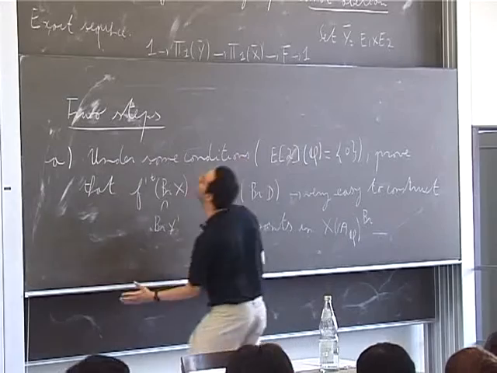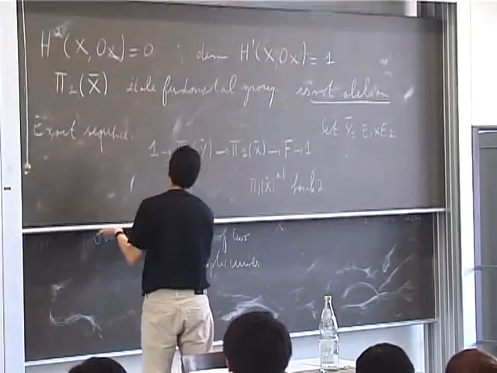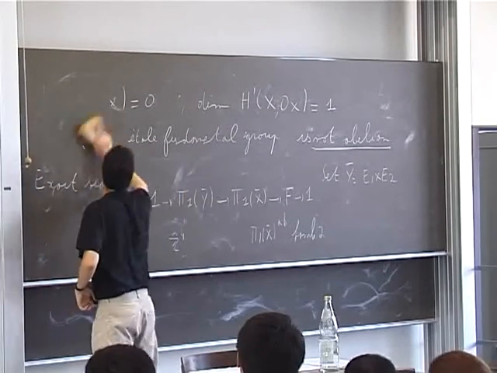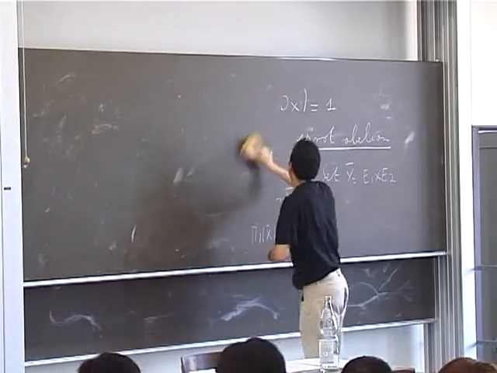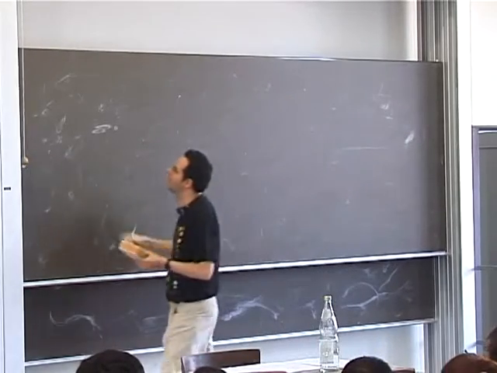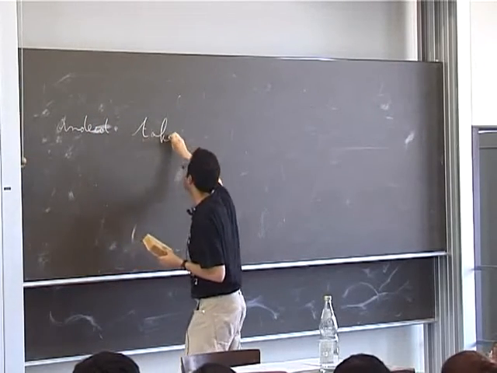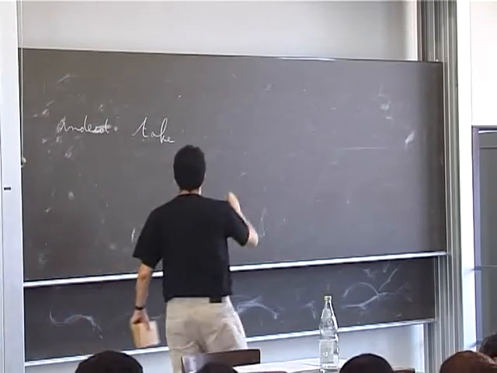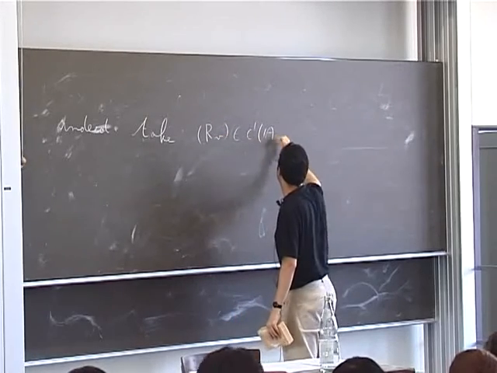Why? So indeed, you just take one adelic point on C prime, because C prime has points everywhere locally. Let's say (R_v) in C prime of Q_v.